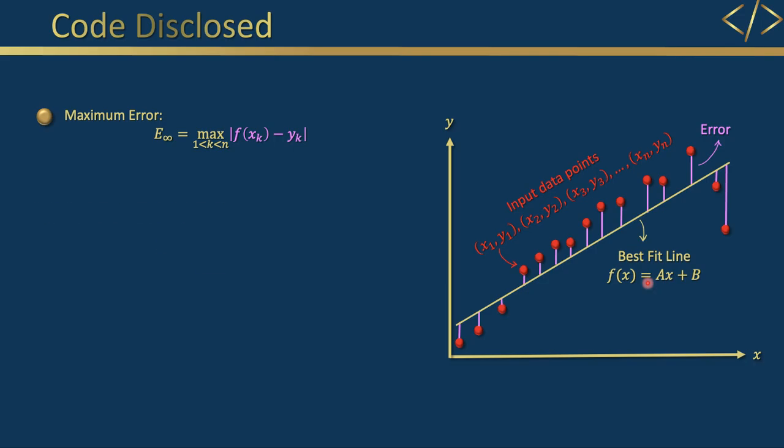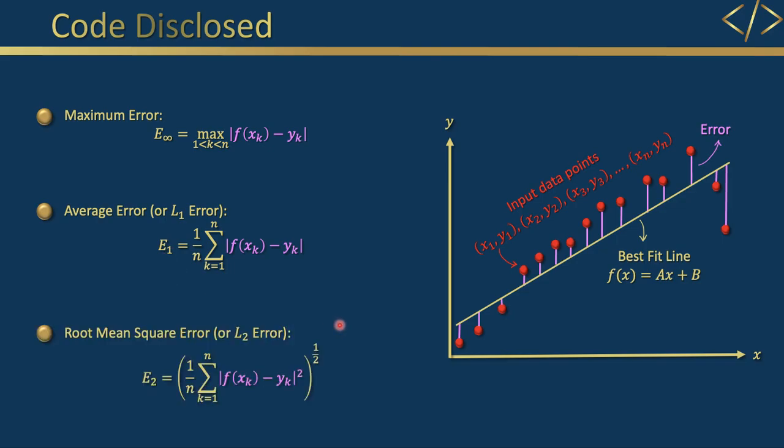The second kind of error is the average error, or L1 error. I take the distances between each of these points and the line, sum all of these distances, and then divide by the number of points. So basically, I'm calculating the average error.